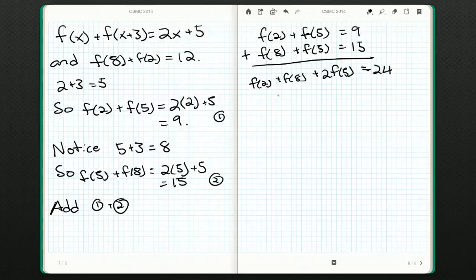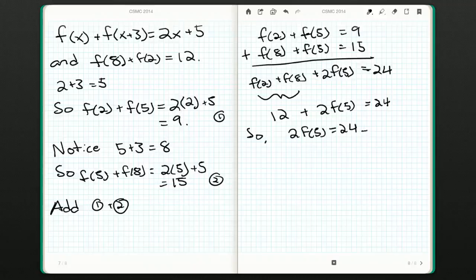Okay? So this, 12. We know that. So 12 plus 2 times f of 5 is 24. So 2 times f of 5 is 24 minus 12. Well, that's just 12.